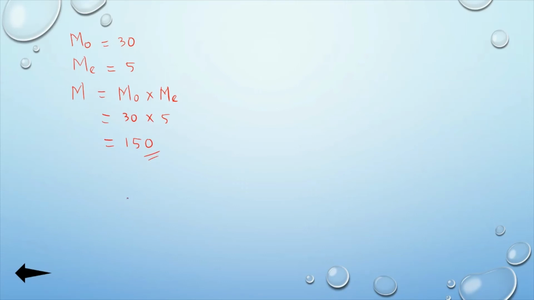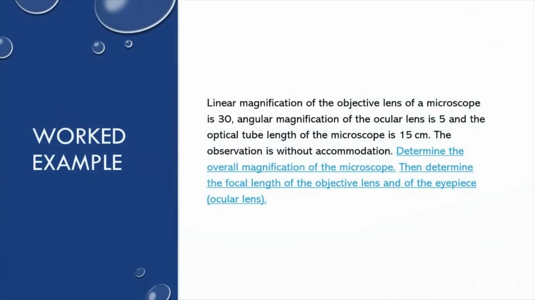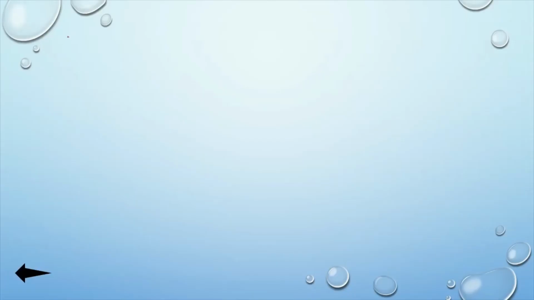Now, let's take a look again at the second question. Determine the focal length of the objective lens and of the eyepiece or ocular lens. Once again, from the problem we know that ME equals 5 and the length of the microscope equals 15 centimeters.